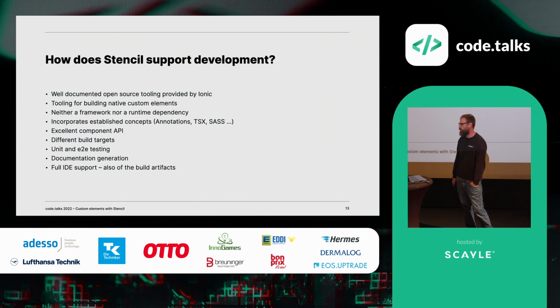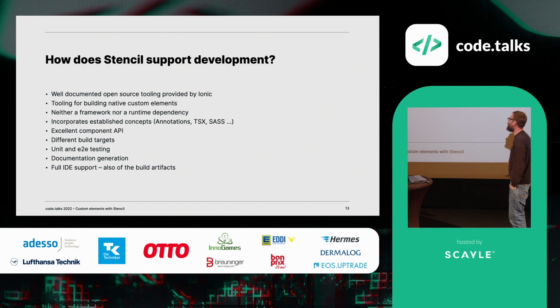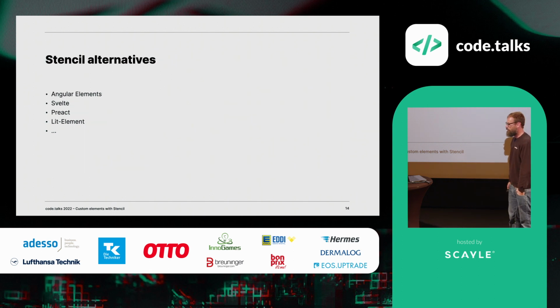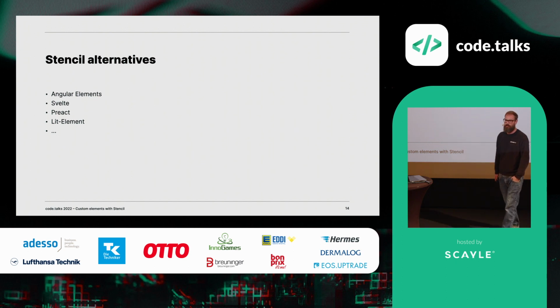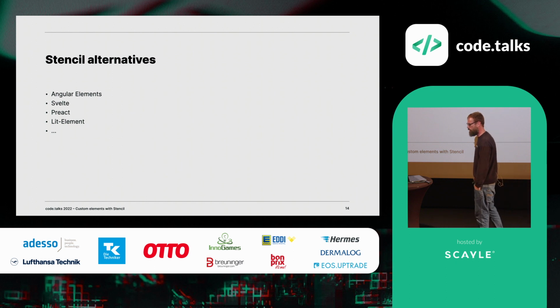Including testing, so unit testing as well as end-to-end testing. You can generate the documentation from your custom element code. Stencil makes use of TSX as well as SCSS. You can extend this with the tools you prefer, like, I don't know, Less or whatever.